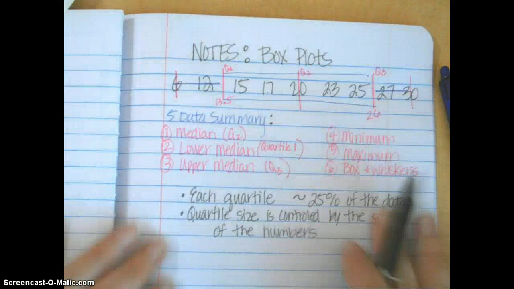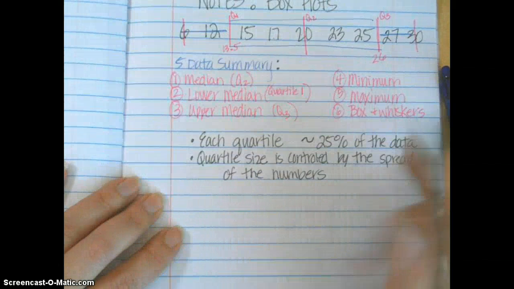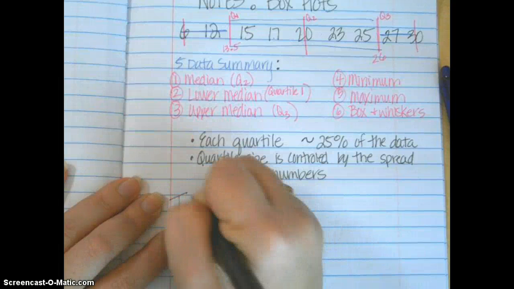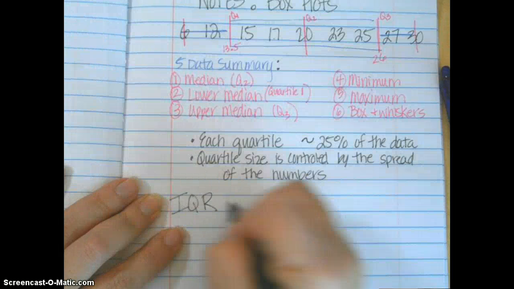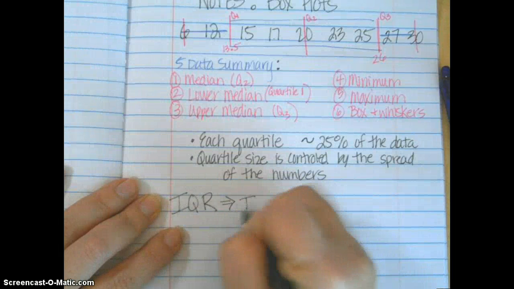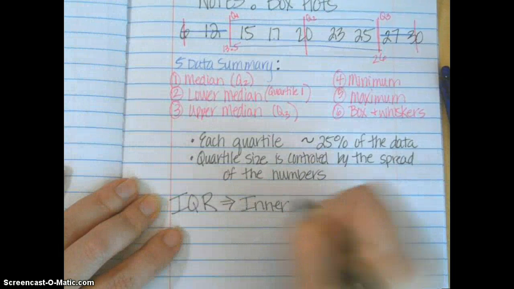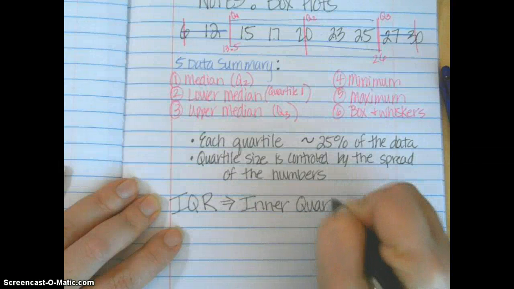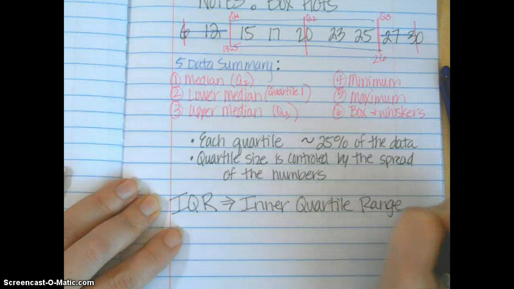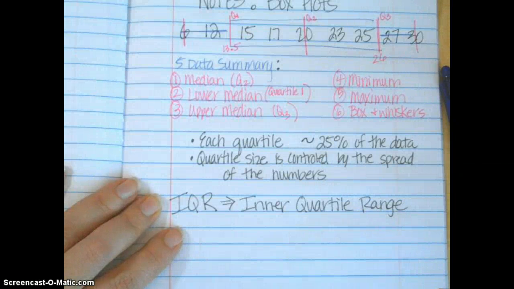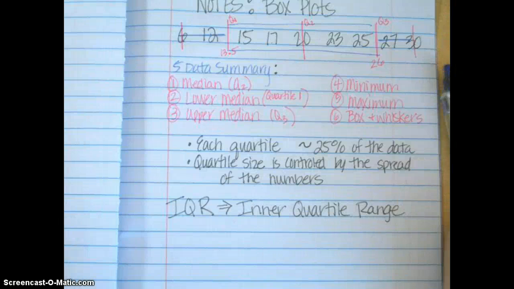Now, another thing we're going to talk about is something called the IQR. That's how we'll refer to it, but you really need to know that that means interquartile range. The IQR is the interquartile range. Now, it's really easy. You know this.